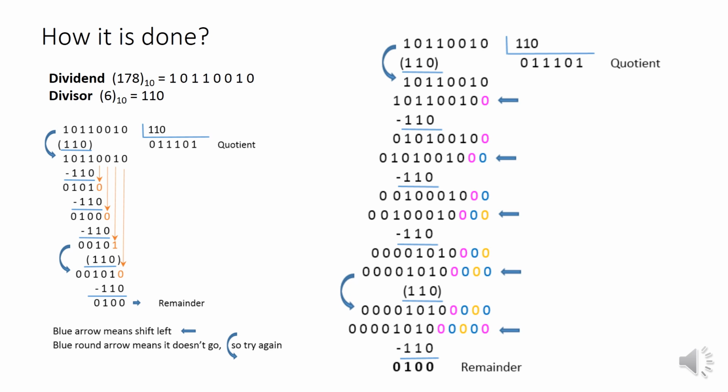So we write 1 in the quotient and we make the subtraction. Now we bring down the next bit of the dividend and we compare again to see if it goes or not. In this case it goes. So we write another 1 in the quotient and we make the subtraction.